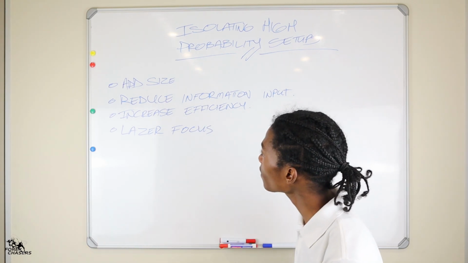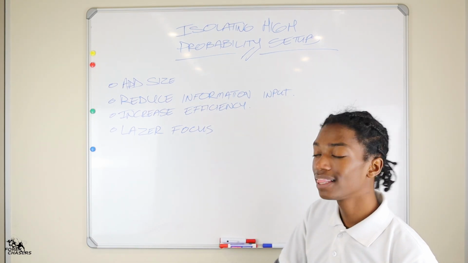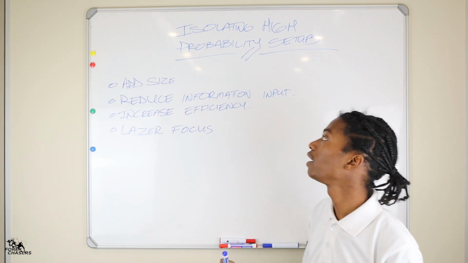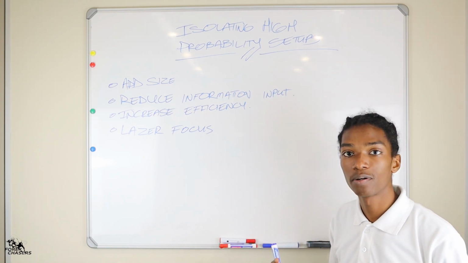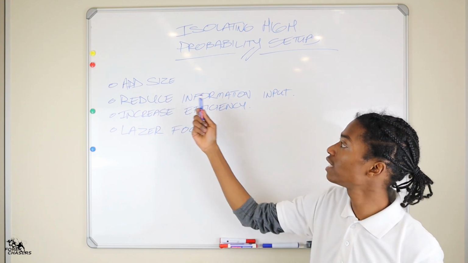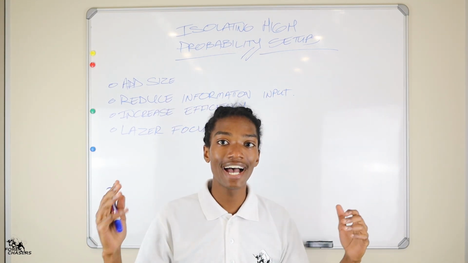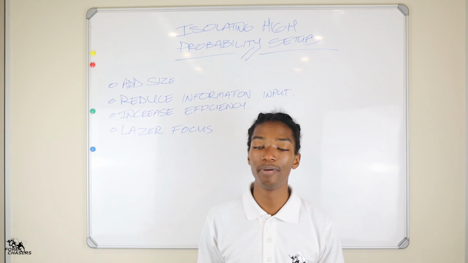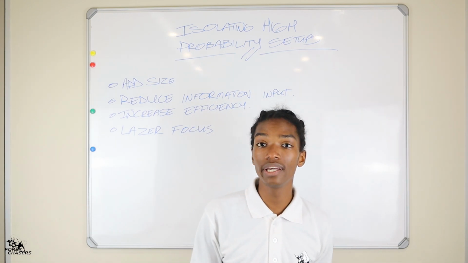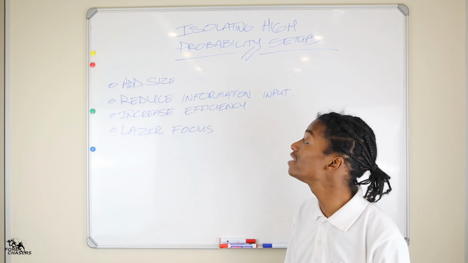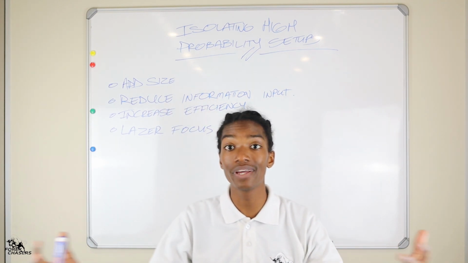So we'll go on to the second, and the second most important reason why we isolate our high probability setups is to reduce the information input. If we're isolating these high probability setups, what we're doing indirectly is reducing the amount of information that we're receiving.